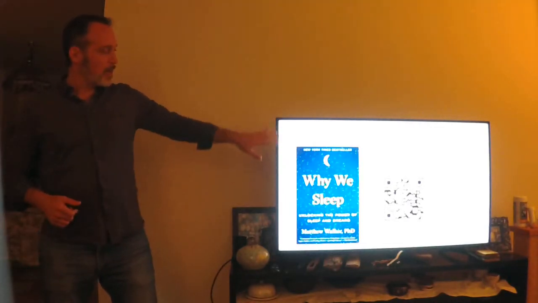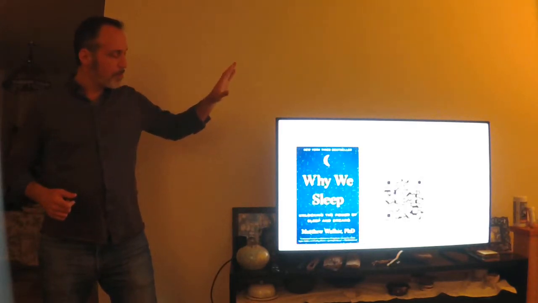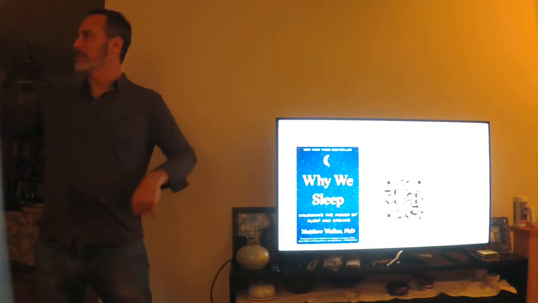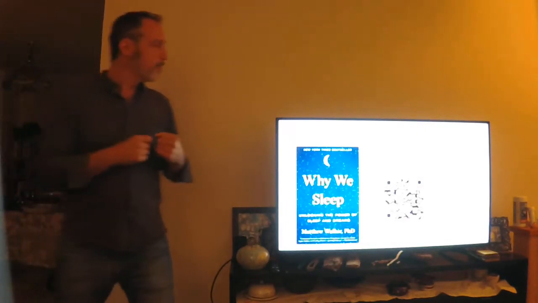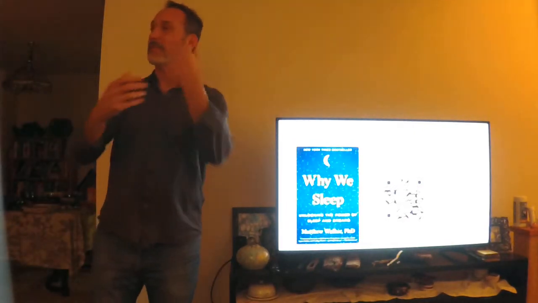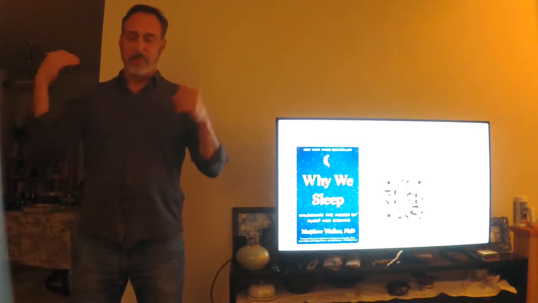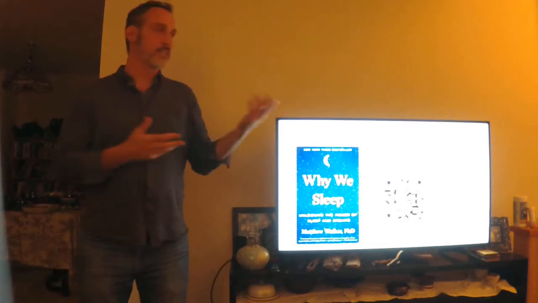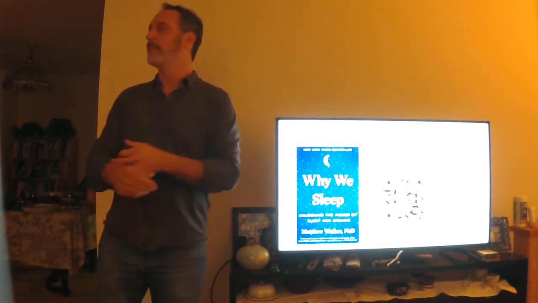So most of what I've covered here is covered in this book, which is written by the guy who runs the sleep neurobiology lab over in Berkeley. It's awesome. If you're curious about the topic, they go into a lot of detail, including all the experiments that have told us things like what's the difference between REM and non-REM sleep.